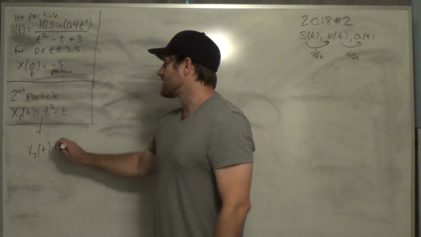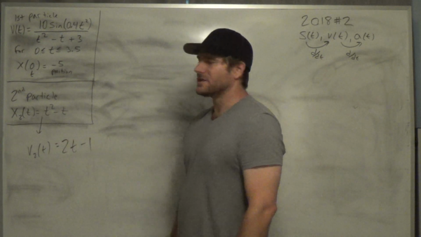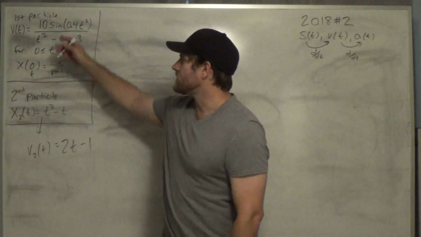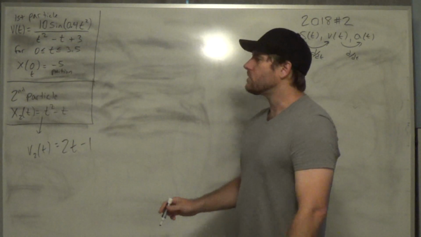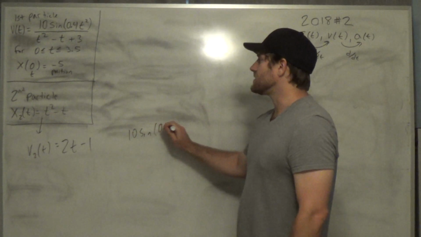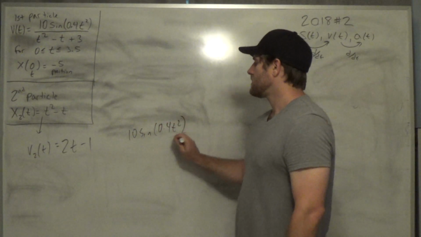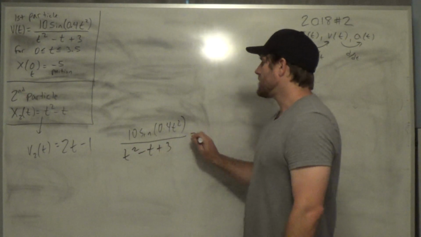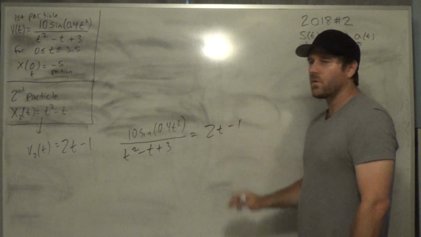The velocity of the second particle is simply 2t minus 1. That's the velocity of the second. That's the velocity of the first. All we need to know is when are these equal. So if we can find out when this velocity is equal to this velocity, we win.